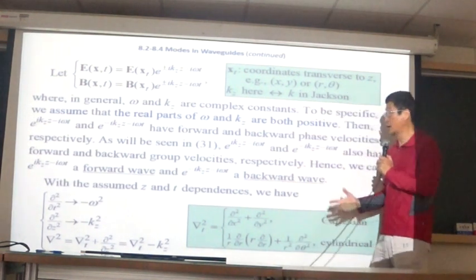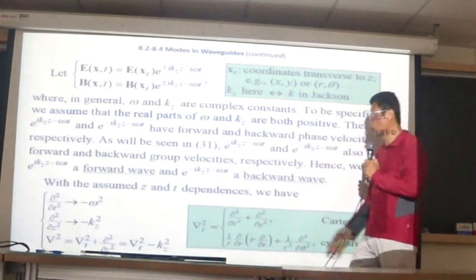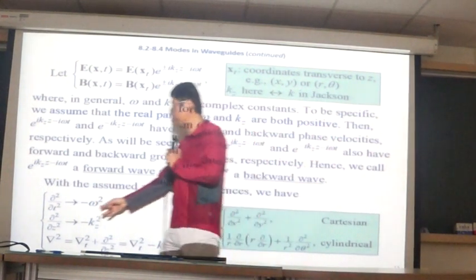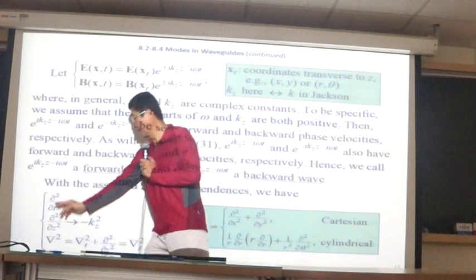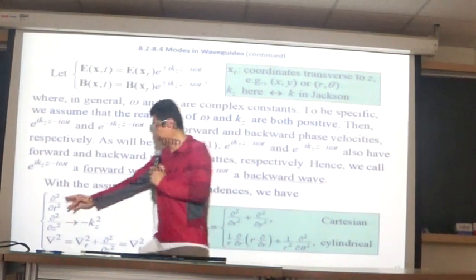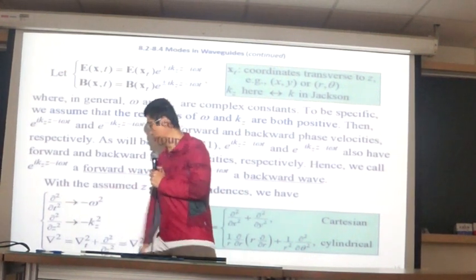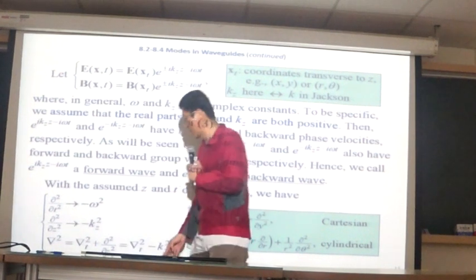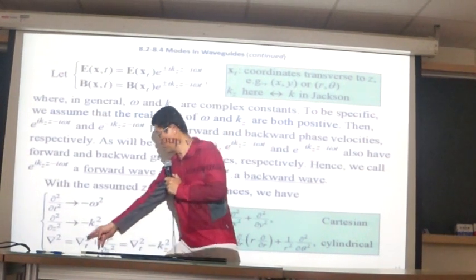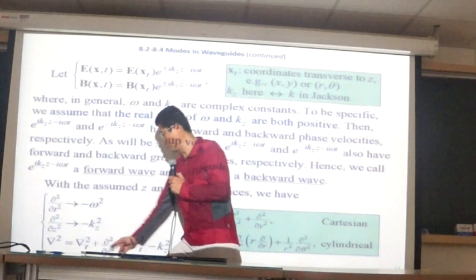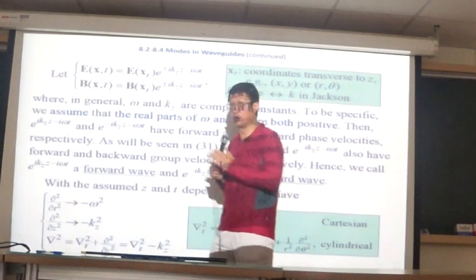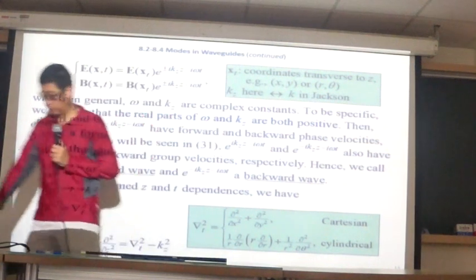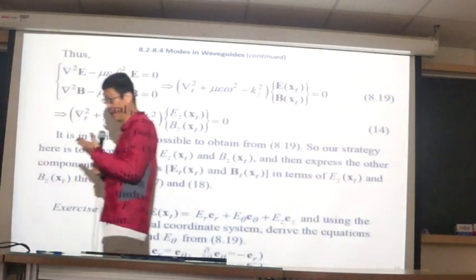Okay, so what's next? Next one is we can simplify this calculation a lot because they are separable, time dependent, z dependent, and this one is separated into transverse coordinate plus this one. So we can rewrite the wave equation into this form.